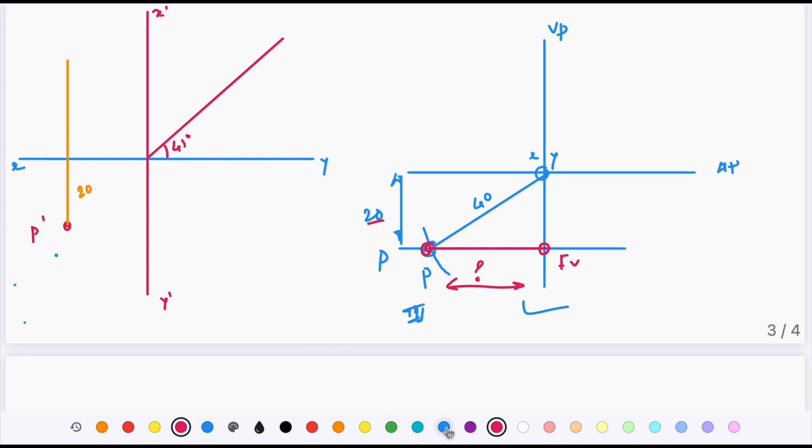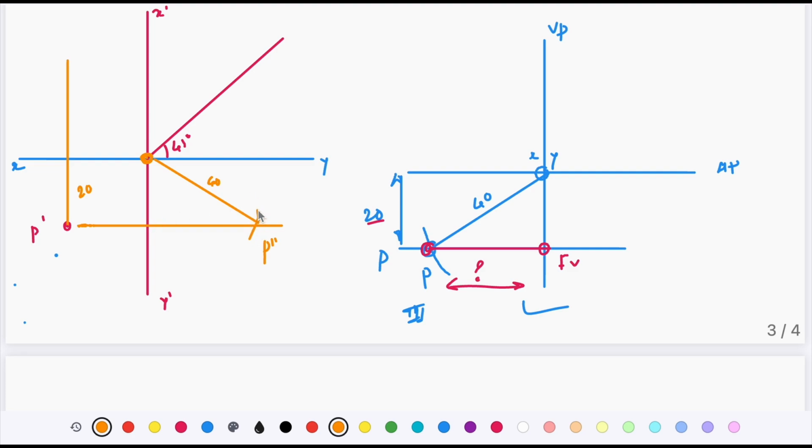I'll project this P horizontally. The shortest distance is 40, so that distance I'll take in a compass. I'll keep compass at the intersection of this auxiliary and main XY plane and have intersection over here. So this distance is 40. Okay, so this is basically a side view.